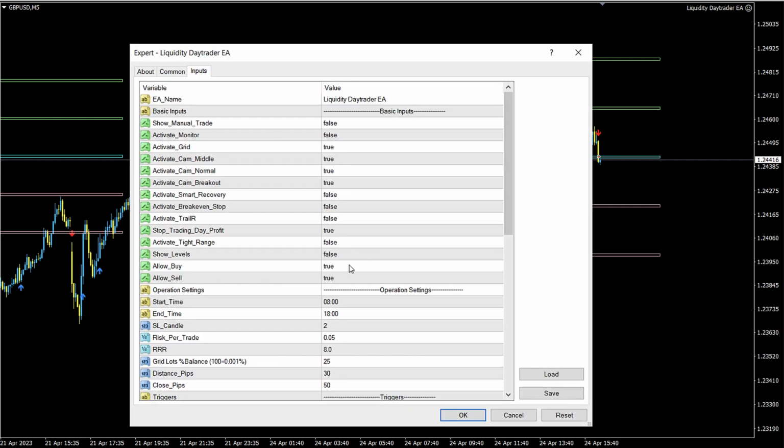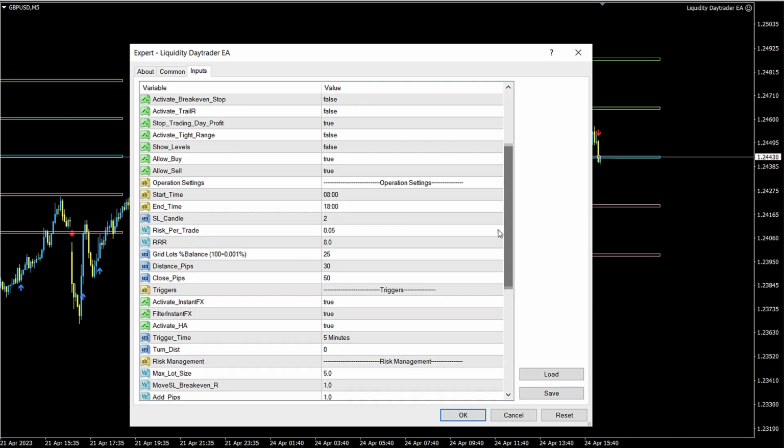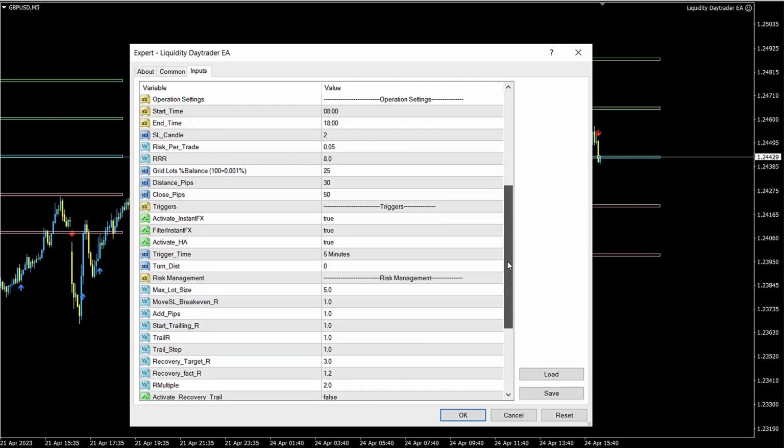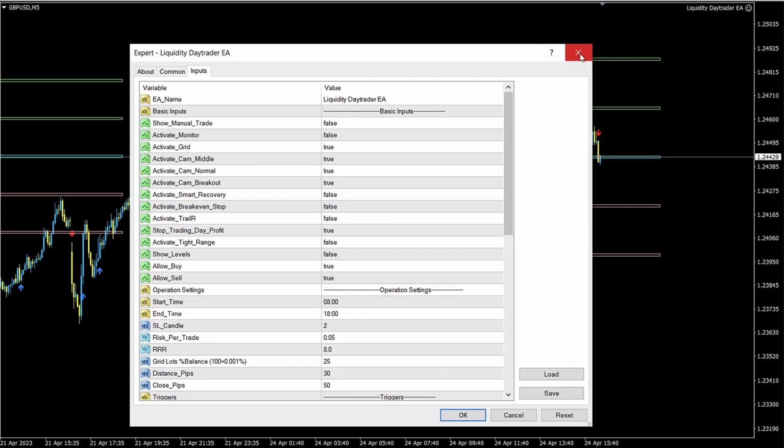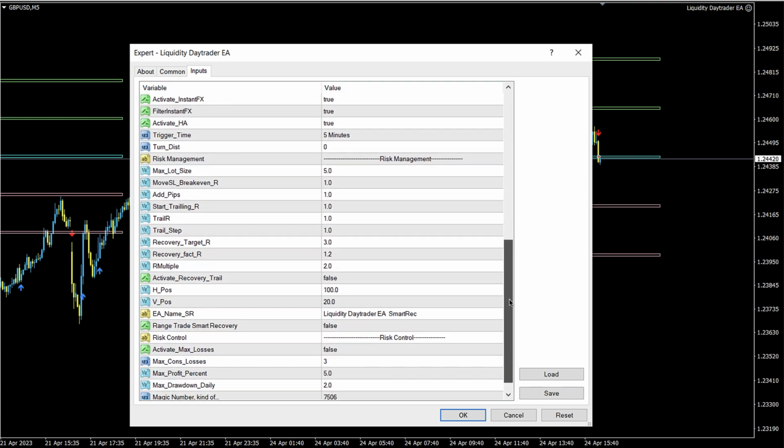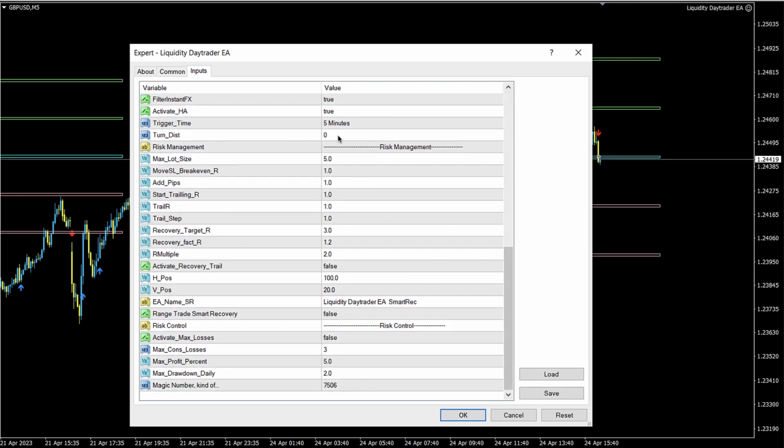By default I put it to 0, as you can see here, and I have explained all these inputs in the PDF file, which is available with the EA. If you want, for example, that it goes above the level 5 pips and then down 5 pips before taking the trade, you can put 5 here.